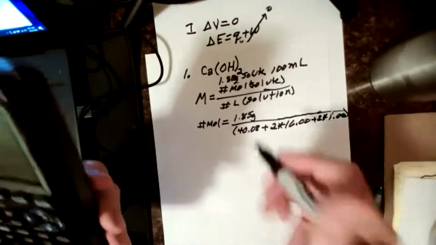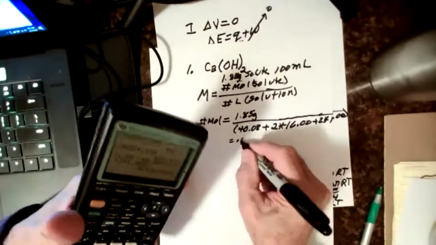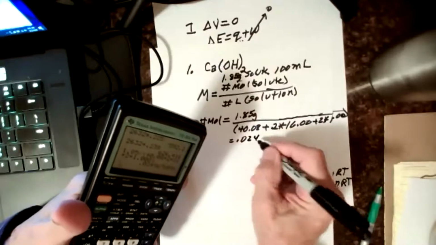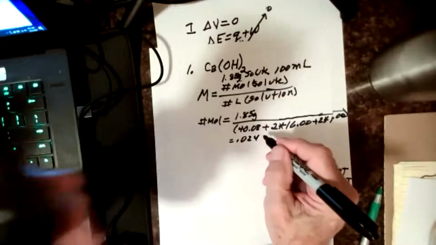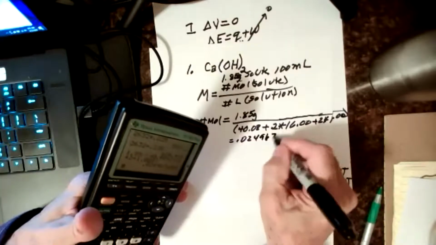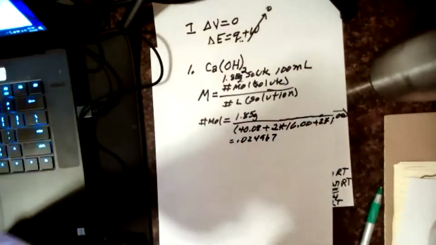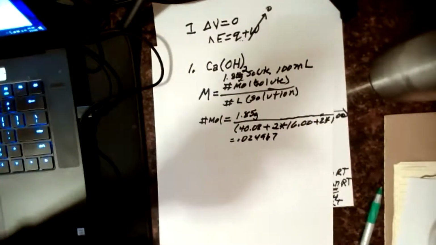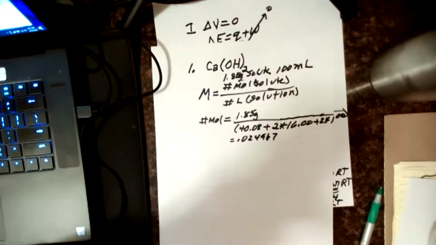Okay, I've punched my calculator, and this is going to come out to be 0.024967. Now I want you to notice something right there. Look at, I have to screen share to show it to you.